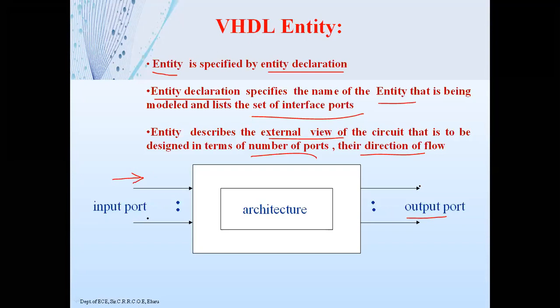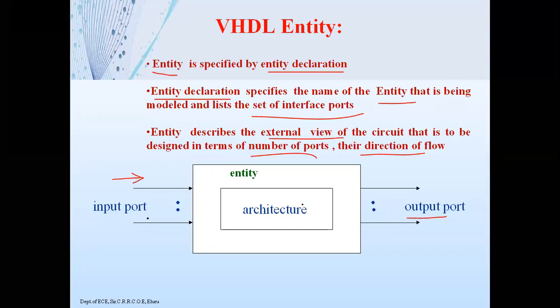In the external interface, it lists the number of input ports and number of output ports. Here you can see an external white, round box, which represents the entity of the digital device, whereas the architecture describes the behavior or the functionality of that digital device. So simply, the entity describes the input and output ports.